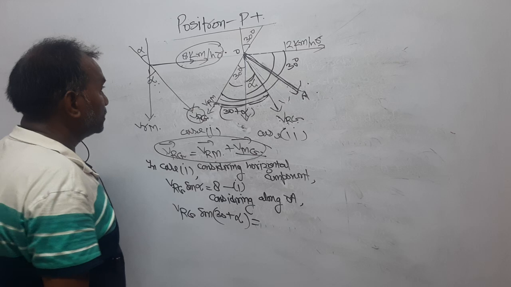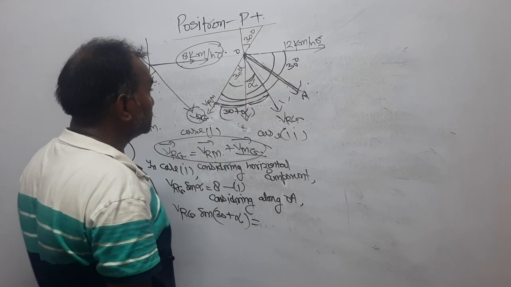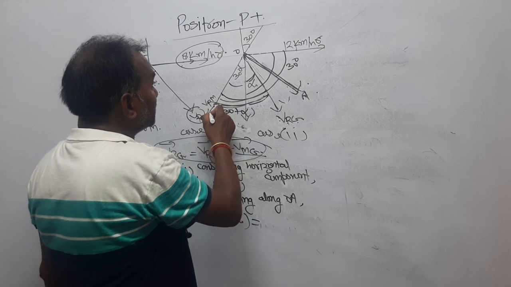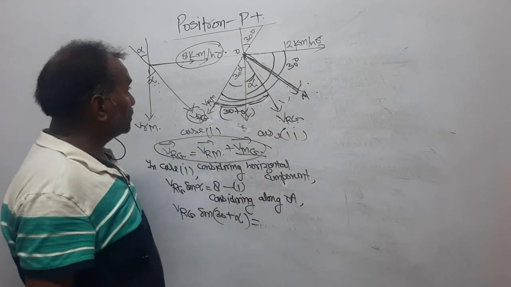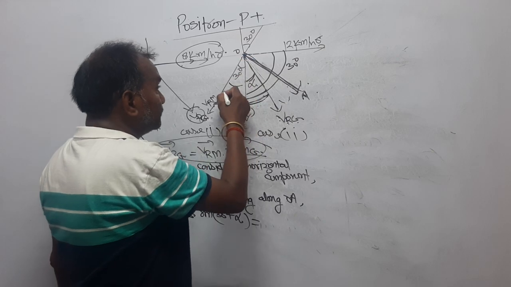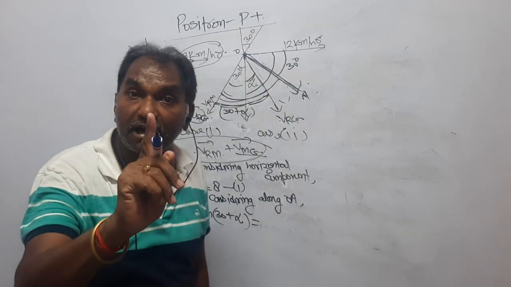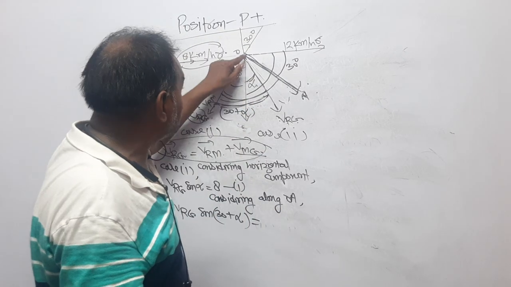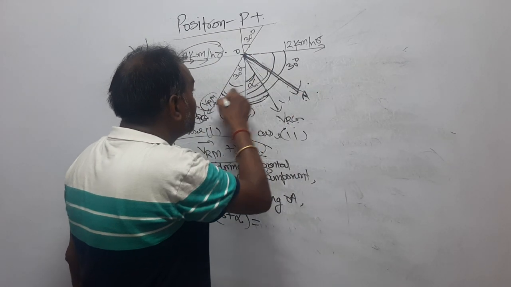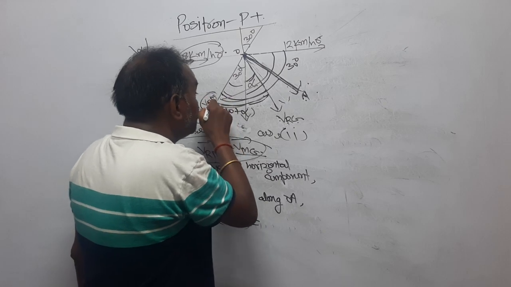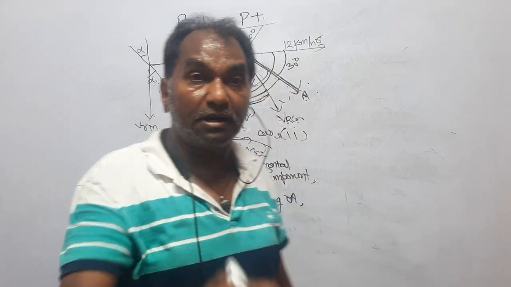Now look here. This is VRM. Component of VRM along OA will be VRM cos 90, and that will be 0. Again, I am repeating, this is the component of VRM along OA. OA is at 90 degree, so the component of VRM adjacent to the angle, VRM cos 90, would be 0.